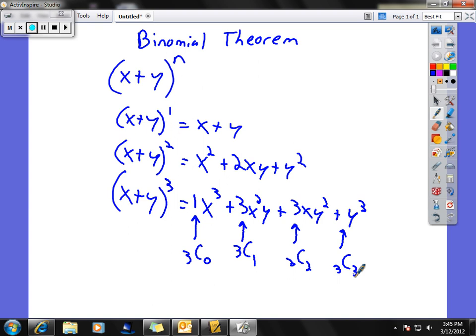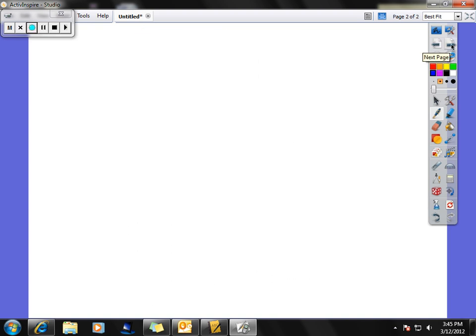Okay? So let me do another example here. So if we just have a plus b, let's say to the 5th power. Okay? A plus b to the 5th power. Well, I know first of all that's going to be 6 terms. It's always one more term than the exponent. Okay? It's going to be 6 terms.